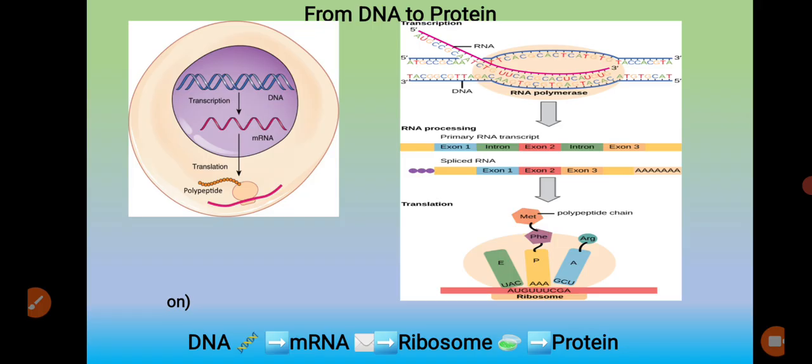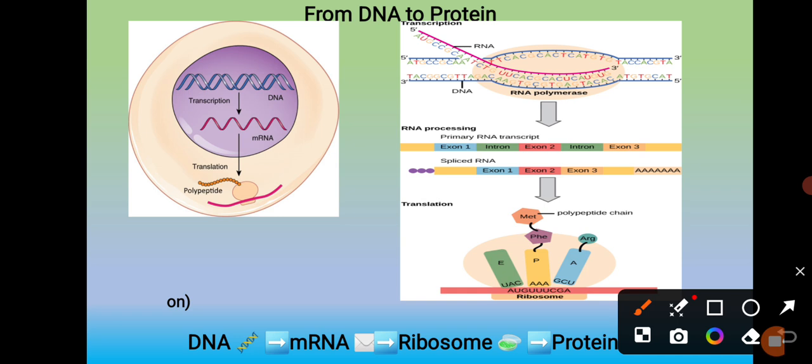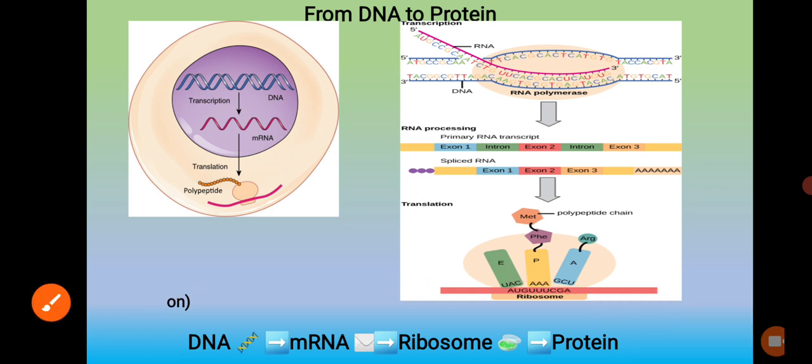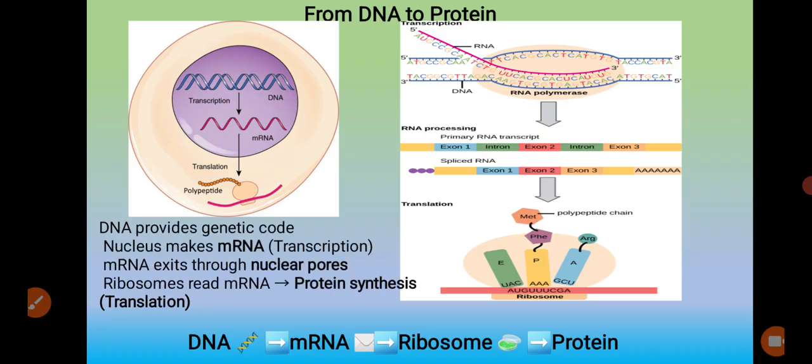Okay, DNA to mRNA, and mRNA to ribosome and the protein. This whole process we call the central dogma. Clear? And the nucleus mainly makes the mRNA; that process we call transcription. And again, from the ribosome to protein synthesis, that process we call translation.